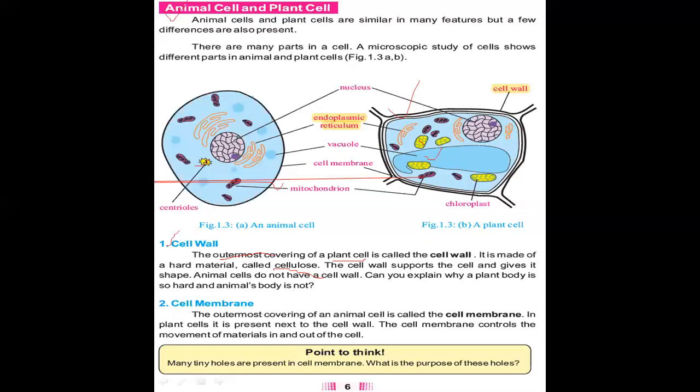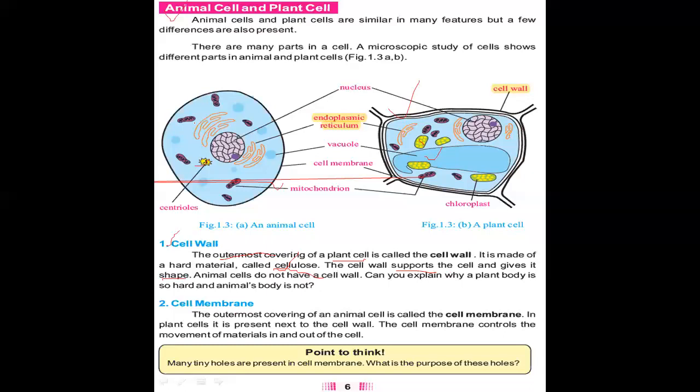That is especially because of cellulose, which keeps the cells stiff and hard. So the cell wall, what is its function? Its function is to support the cell, and it gives the shape to the cell.